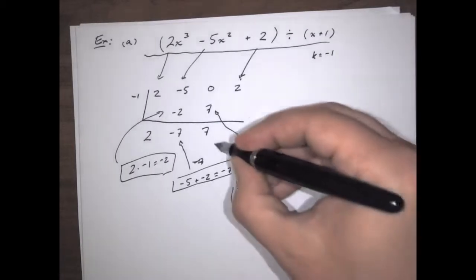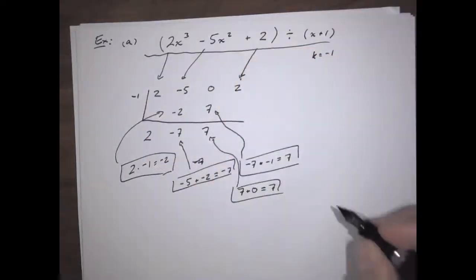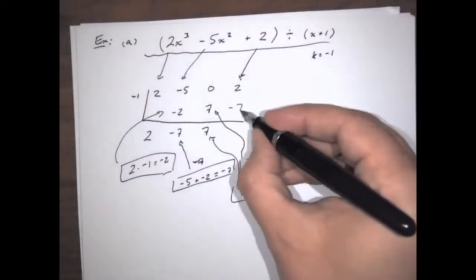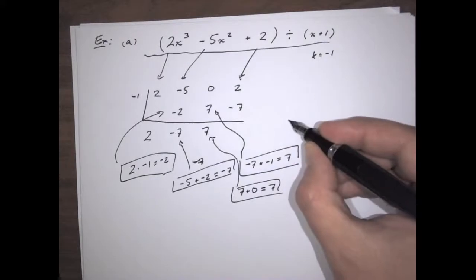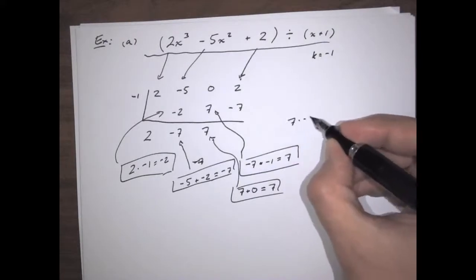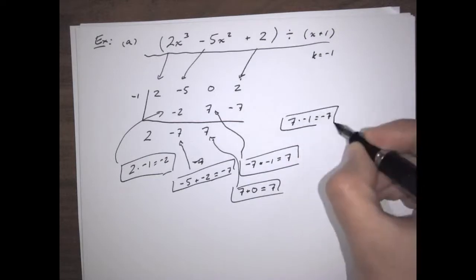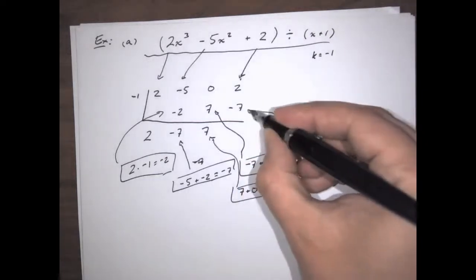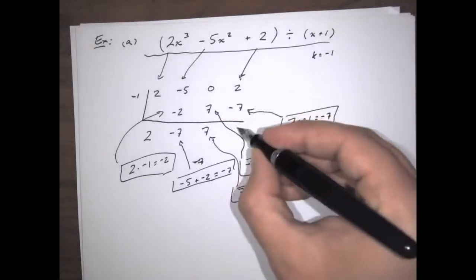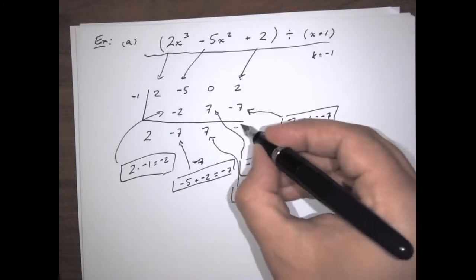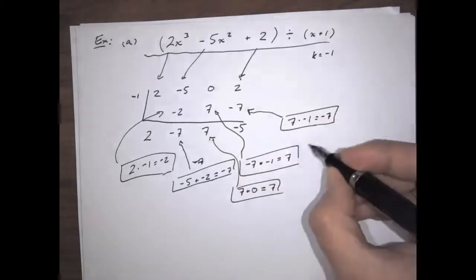That's what goes right there. 7 times negative 1 is negative 7. That's what goes there. And then 2 plus negative 7 equals negative 5. That's what goes there.